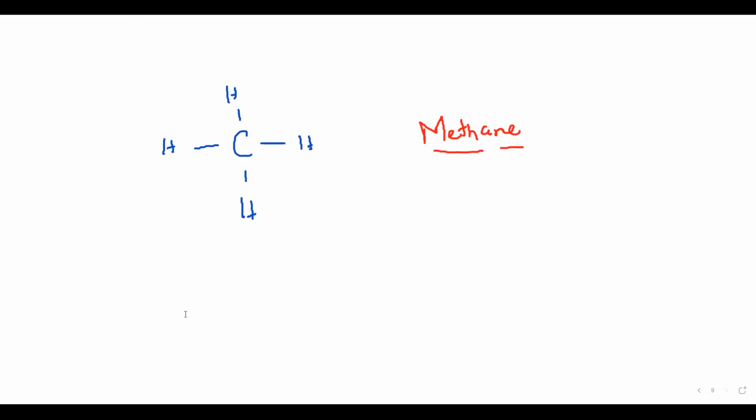Sometimes in the question, the name is given, say propene, and you have to draw the structure. So from structure, they can ask for name, and from name, you should be able to draw the structure. Prop means three carbons, so 1, 2, 3. First, we draw the number of the carbons, and then ene is there, meaning there should be a double bond.